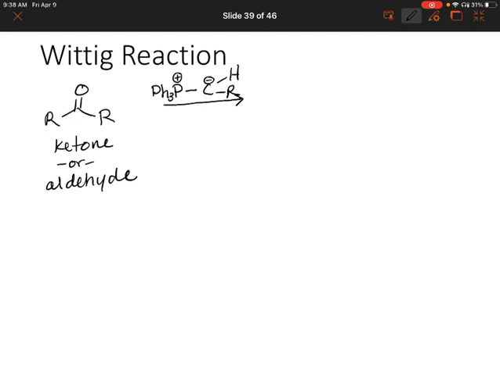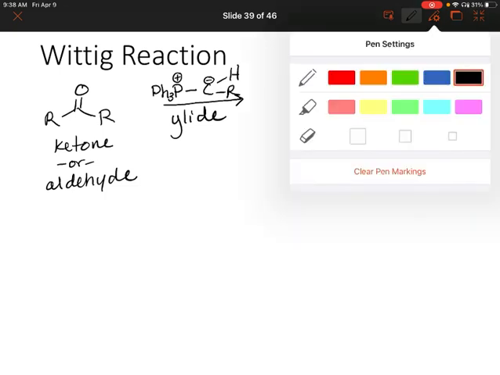And what you get at the end is that the carbon group on our ylide here ends up on our double bond. So it replaces the oxygen.